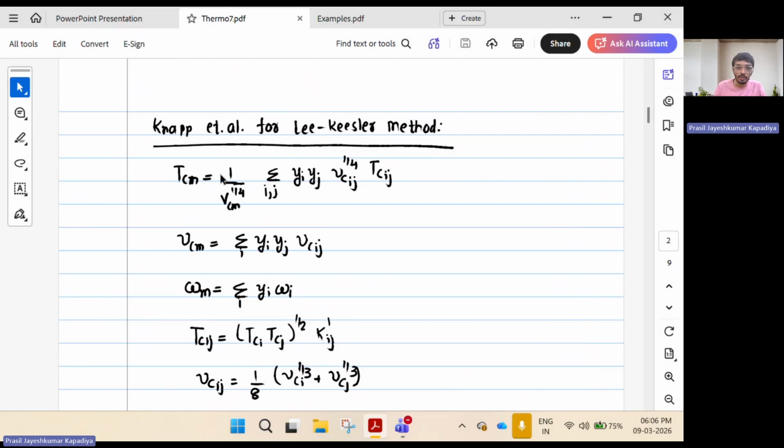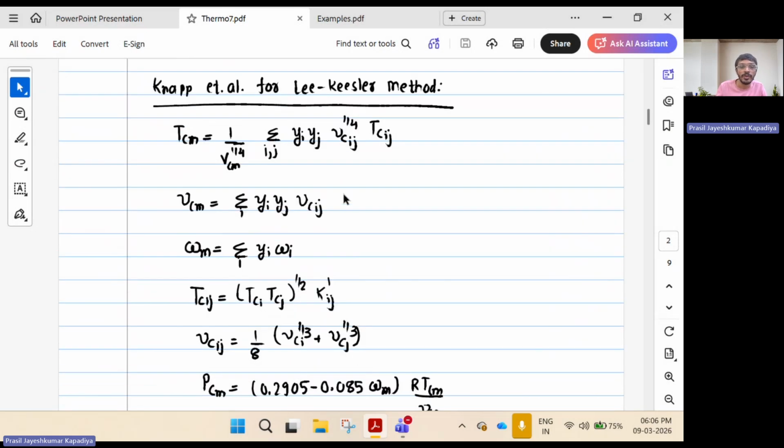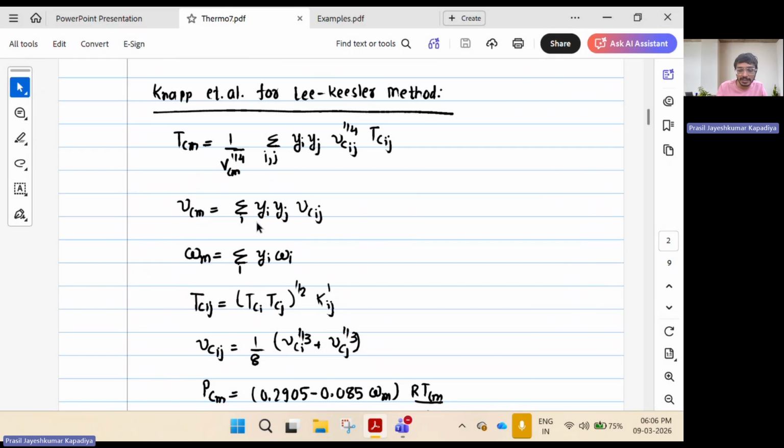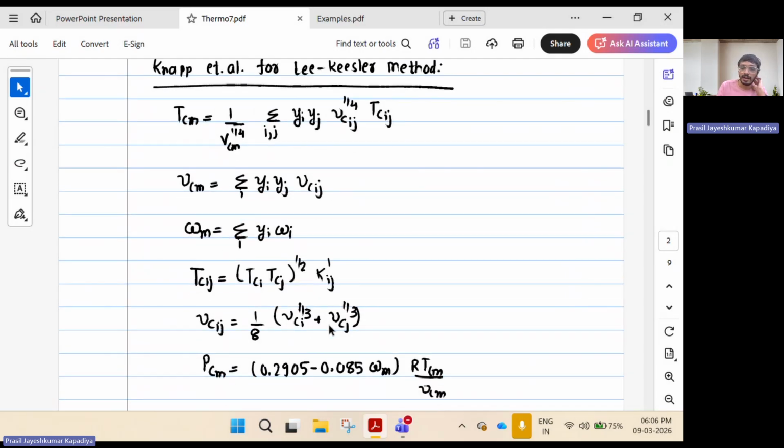Now, to find the mixture critical temperature, we need to find the mixture volume, then the TCIJ and VCIJ terms. For the mixture volume VCM, it can be a simple additive rule: summation I J YI YJ VCIJ, and this VCIJ is nothing but 1/8 of (VCI raised to 1/3 plus VCJ raised to 1/3) cubed.